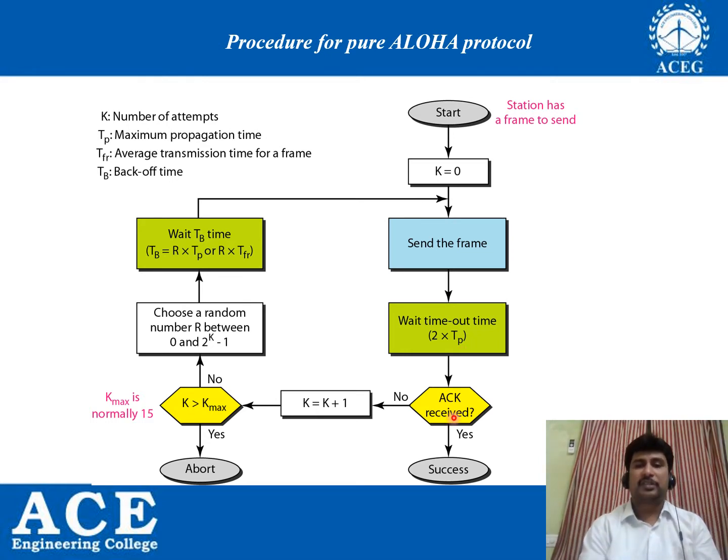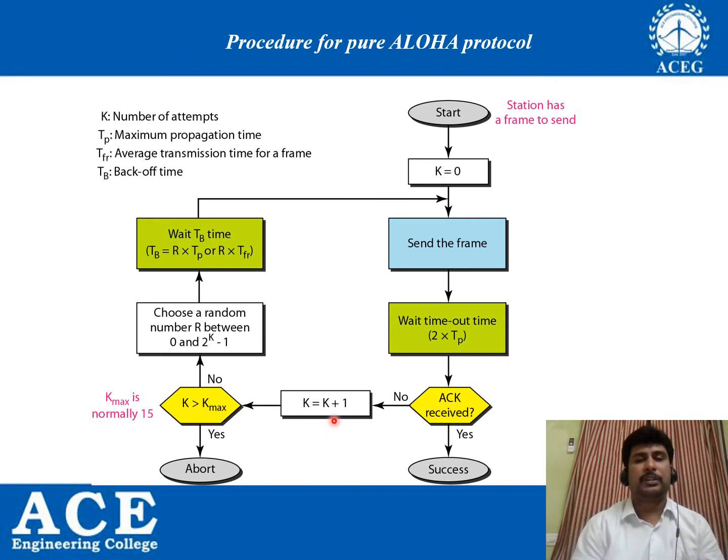If we receive a positive acknowledgement before twice the propagation time, then our transmission is a success. But if we are not able to receive the acknowledgement even after 2 TP, then the acknowledgement received is no. So we are going to make our second attempt. The first attempt was with k equal to 0. Now we are increasing our attempt number, so k equals 0 plus 1, which is 1.